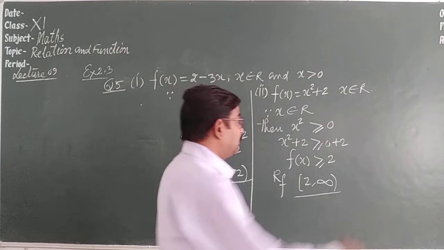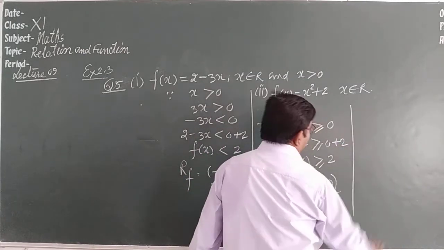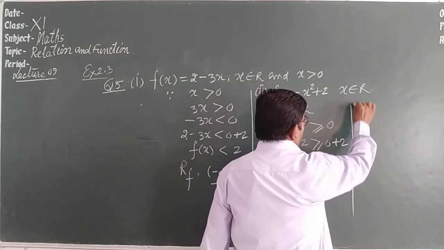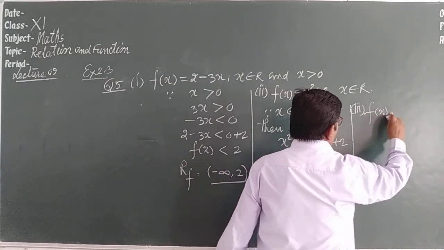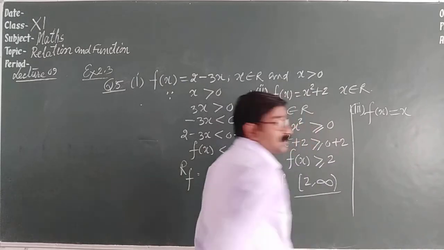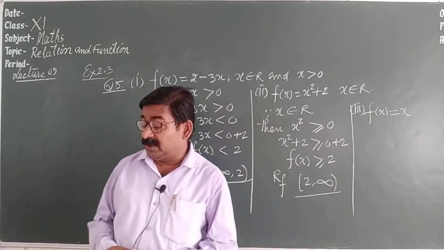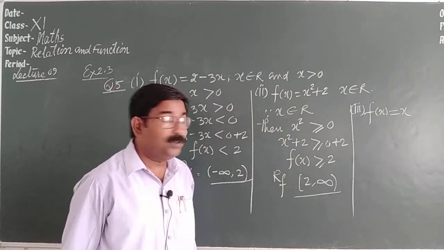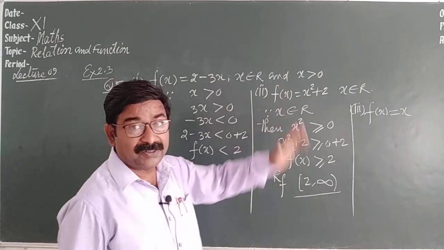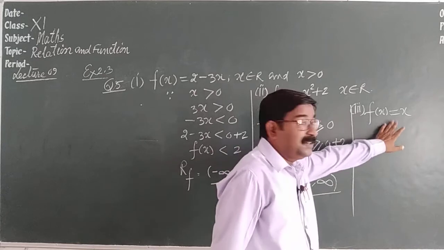X. I am going to write here only. Third part: f(x) = x. And you know what kind of function this is? I have told in the graph section, this is the identity function.